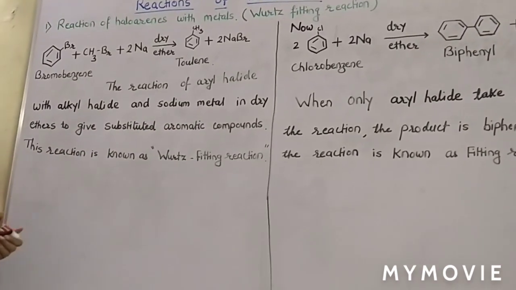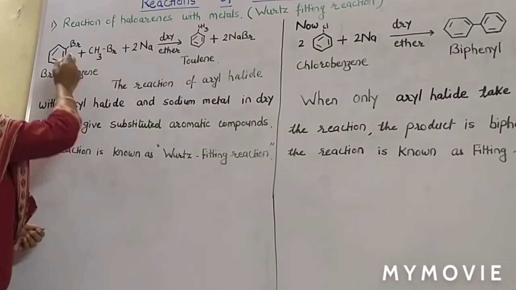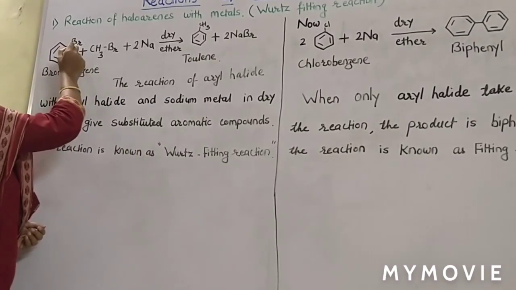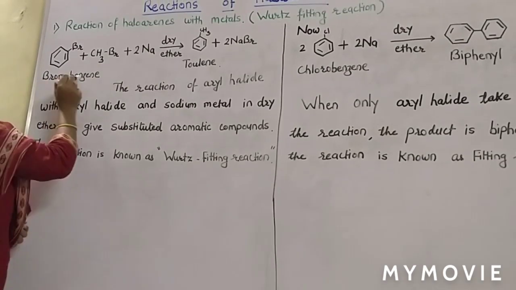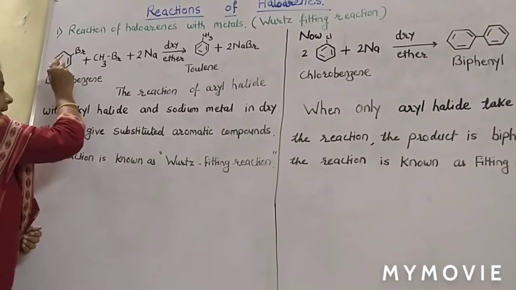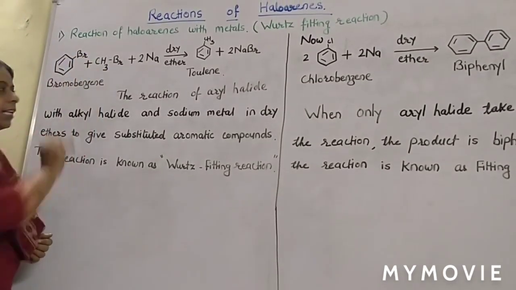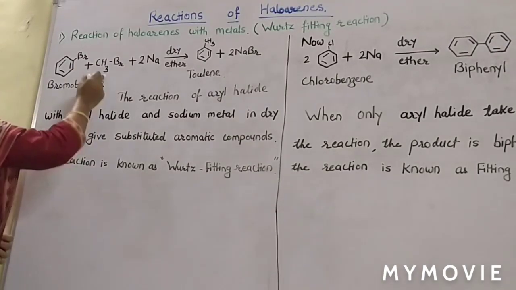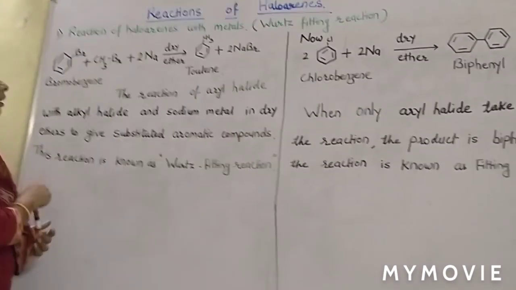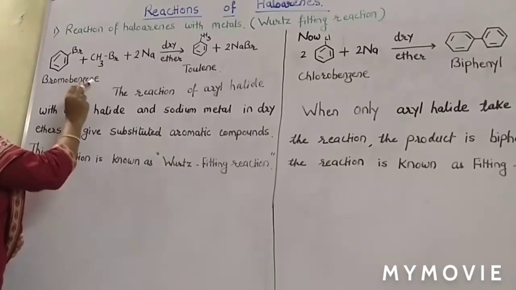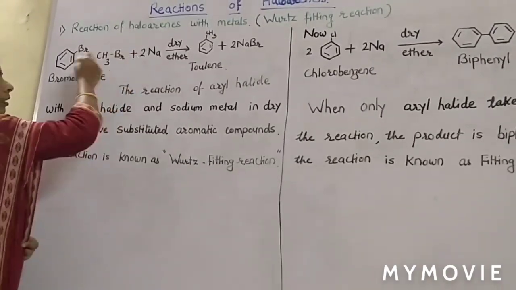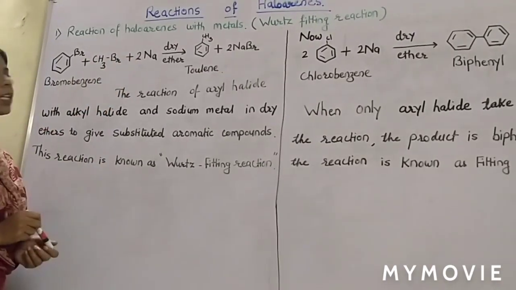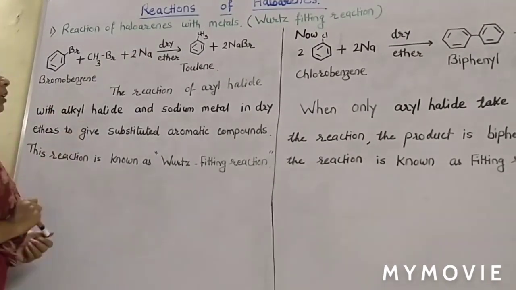This is the haloarene, because bromine is connected to the aryl, so it is bromobenzene. This is the aliphatic alkyl halide, CH3Br. Both the aromatic halide and the aliphatic alkyl halide are present here, and these two reagents react with sodium in presence of dry ether.